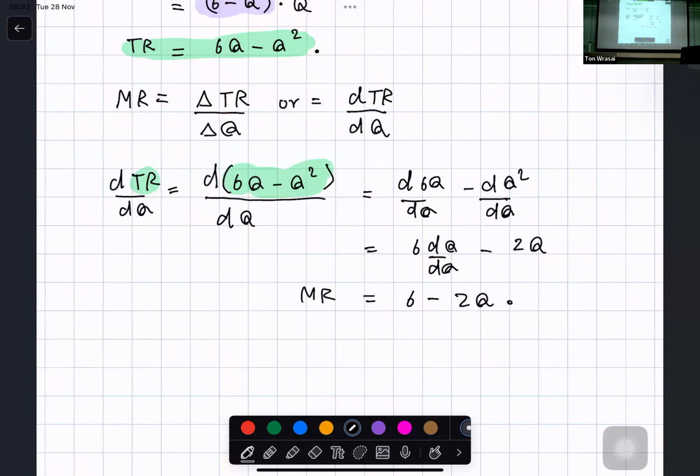Okay, less than 1 minute, we got the marginal revenue function already. We just simply differentiate the whole green thing here with respect to Q. d(6Q) by dQ: 6 is a constant number, take it out. dQ by dQ, that's 1, so 6 times 1. Here we use the power rule: just move the 2 to the front and Q to the power of 2 minus 1. We got this.